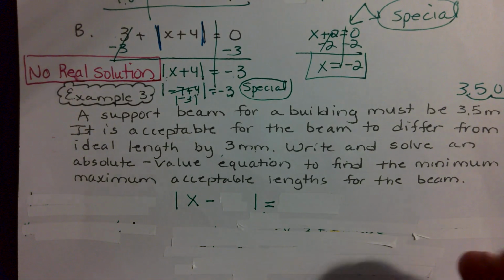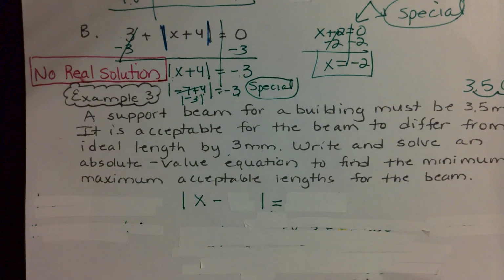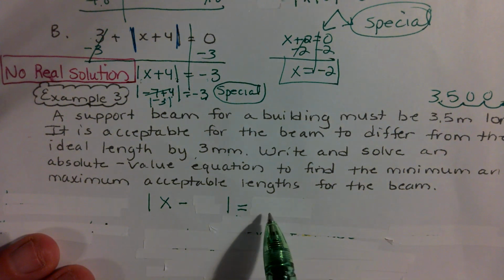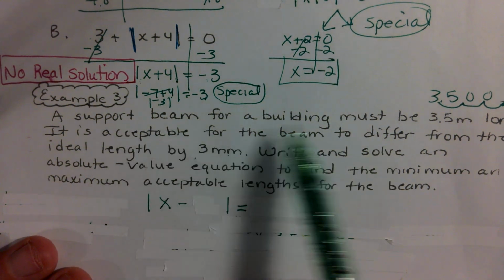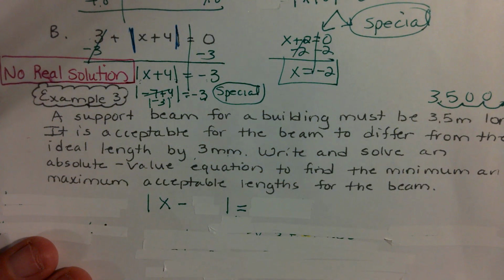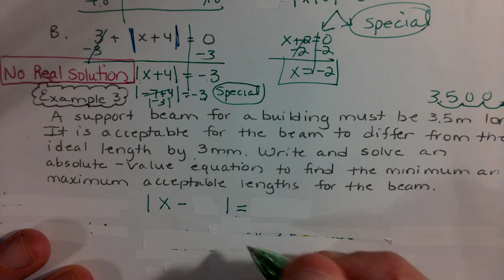So when I was looking at this and I was getting that negative down there, I'm like, well, it can't be a negative. Even though I knew the positive number was right, I'm like, wait a minute, I'm missing something. I didn't want to waste your time. I had these two numbers mixed up. So it said the support beam must be this. It's acceptable for it to differ by this much.